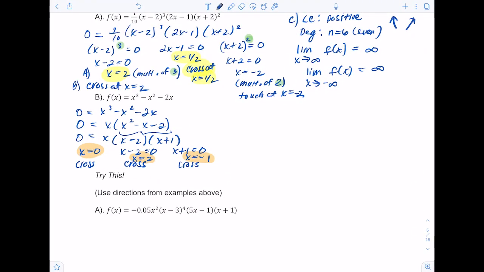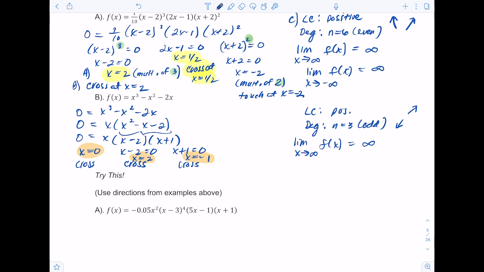So when we're looking at end behavior, my lead coefficient here would be 1, so that's +1. And my degree is 3, which is odd. So remember, positive and odd, the right side's going to go up, the left side's going to go down. They're going to go in opposite directions. So here, if you go to the right on the graph, as x approaches positive infinity, f of x is also going to approach positive infinity.